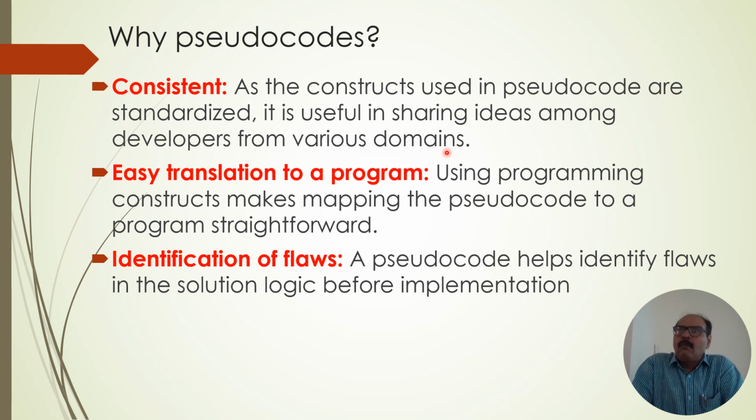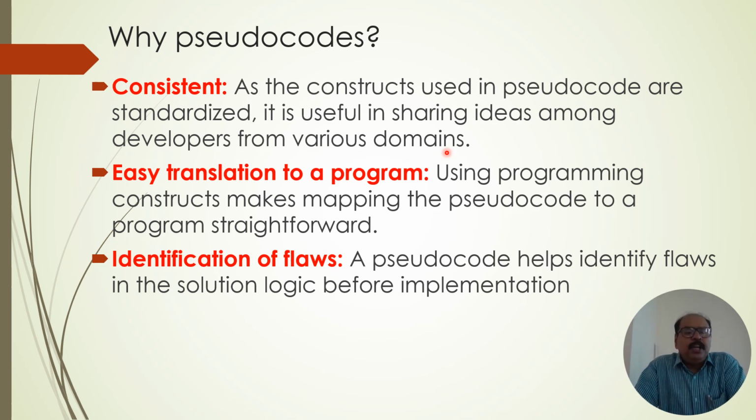And once we have written a pseudocode, it is very easy for us to translate this into an executable program. So the fifth reason why you need a pseudocode is that the pseudocode can be easily translated into a program.